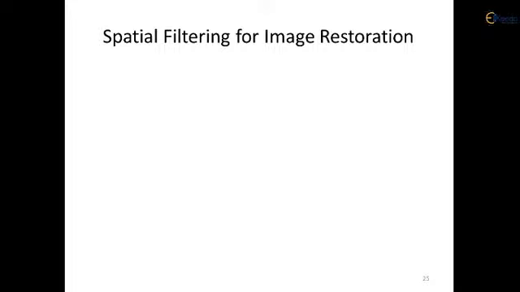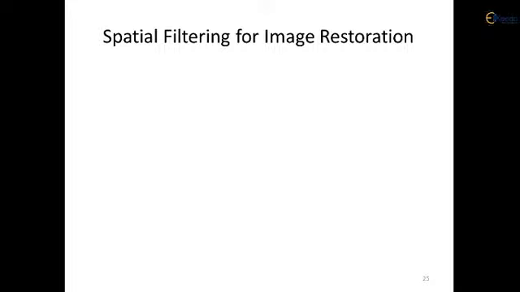You must remember the question: what are the spatial filters for image restoration in the presence of noise only, or additive noise only, condition? We are not considering the degradation effect because of the degradation filter function, but only the addition of noise to the original image.